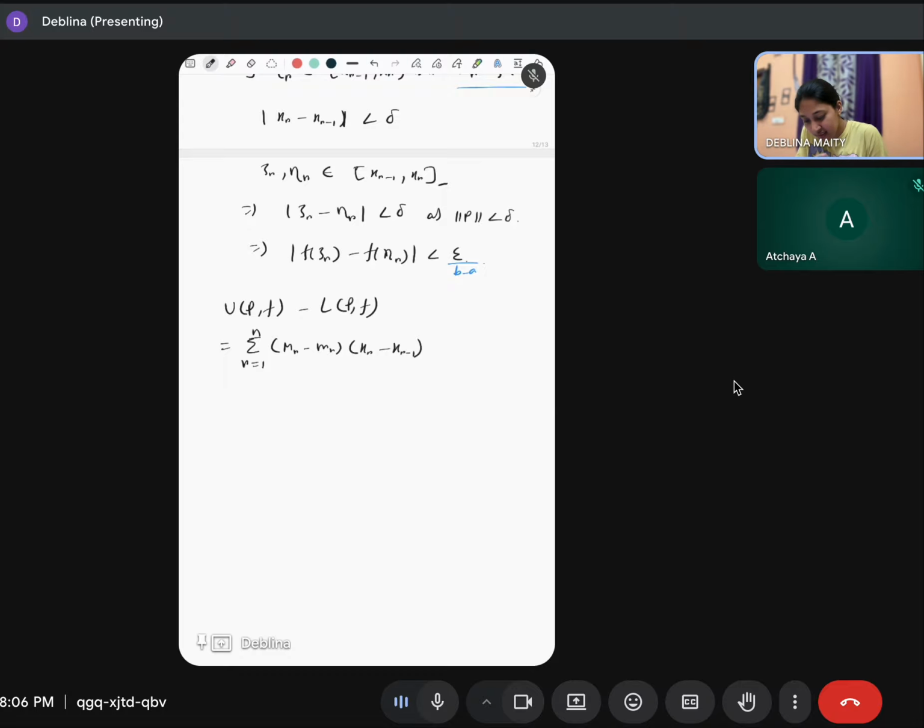Now each of these values x_r minus x_{r-1} is less than delta, right? And for this we have found f of zeta_r is the maximum value M_r, and small m_r is f of eta_r.